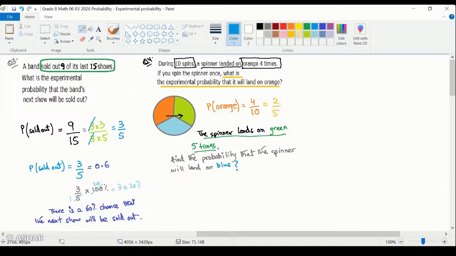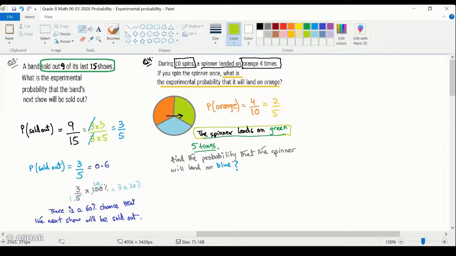Okay, so the given information that we had was the probability. We found the probability of orange because they are saying on orange it lands 4 times out of 10. Agreed? On green it lands 5 times. This is the additional information that was given to us.